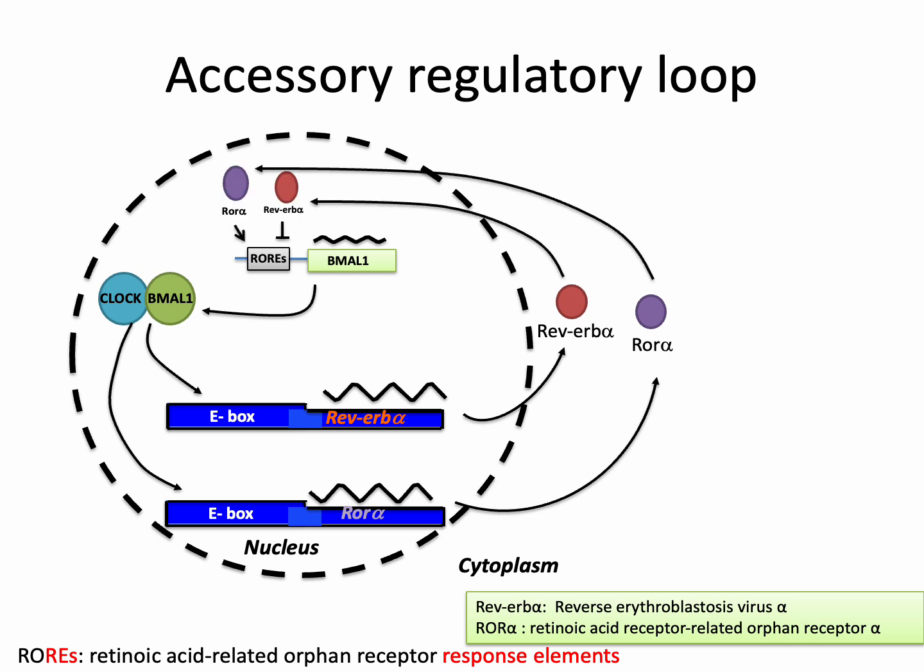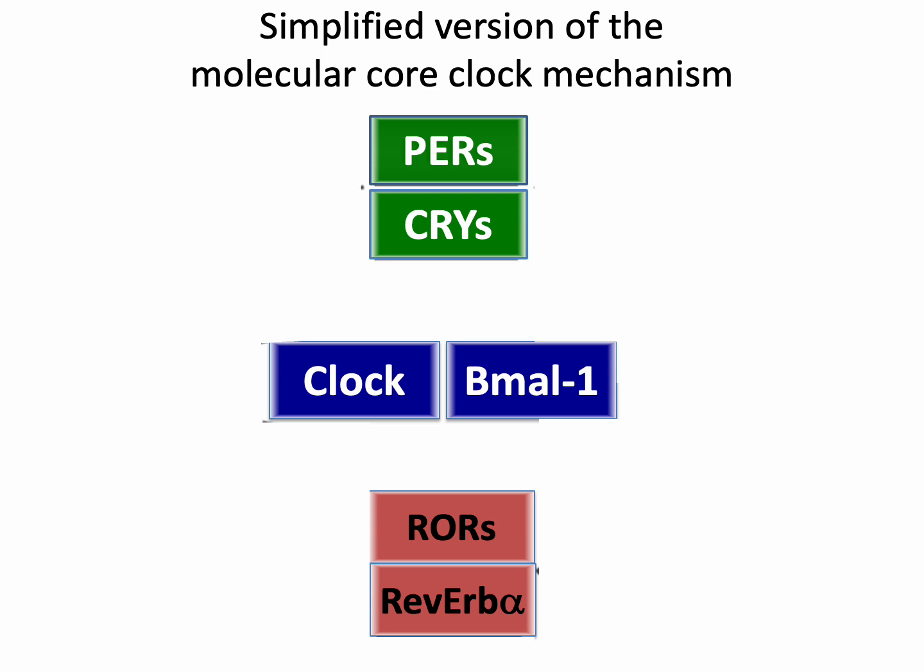REV-ERB represses, whereas ROR activates BMAL1 transcription.